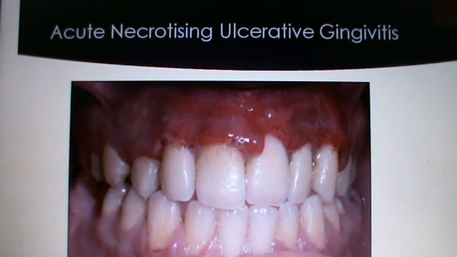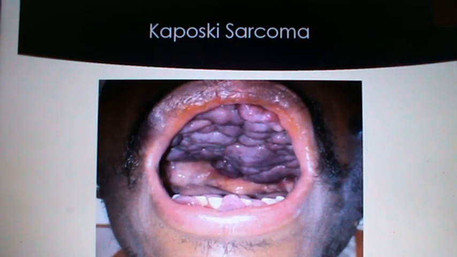You can see in this case of acute necrotizing ulcerative gingivitis, there is an inflammation of the gingiva, and this is most commonly found in AIDS patients. Kaposi sarcoma is one of the early manifestations which may present in the oral cavity, and we may diagnose that the patient is suffering from AIDS.